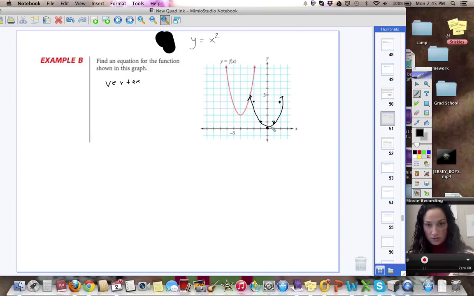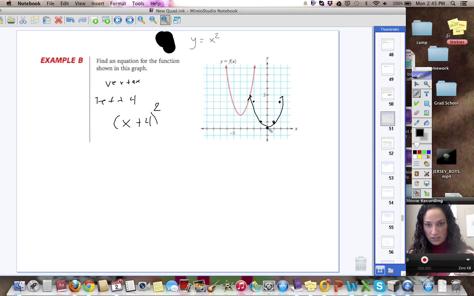If I look at my vertex, it was at 0, 0. It's now here, so it moved to the left 4. I represent that in the parentheses by going x plus 4. That's where it's the opposite. Since horizontal, your x movement goes inside, and it's the opposite. If it would have been right 4, that would have been my minus 4. And there's my square.